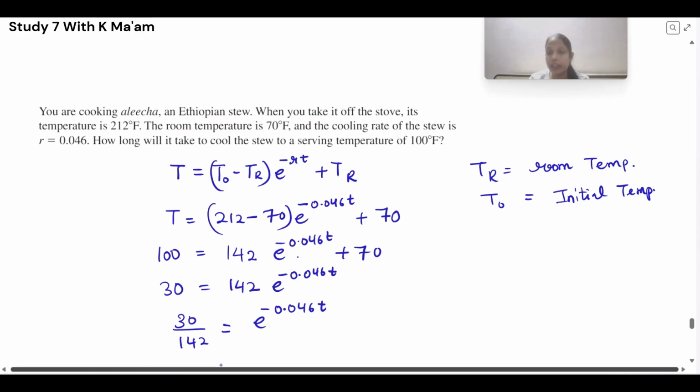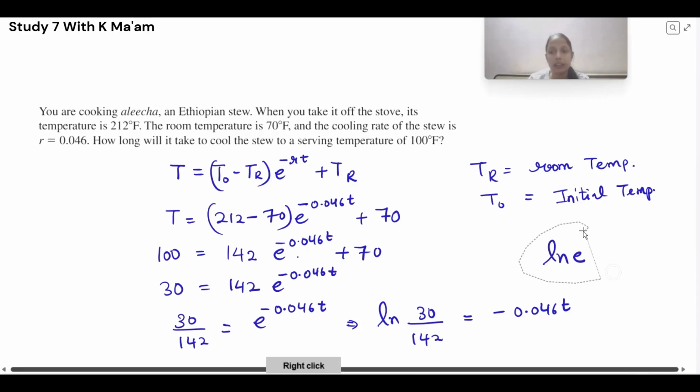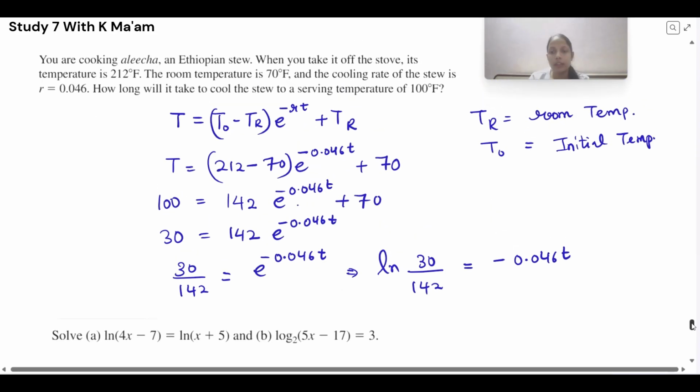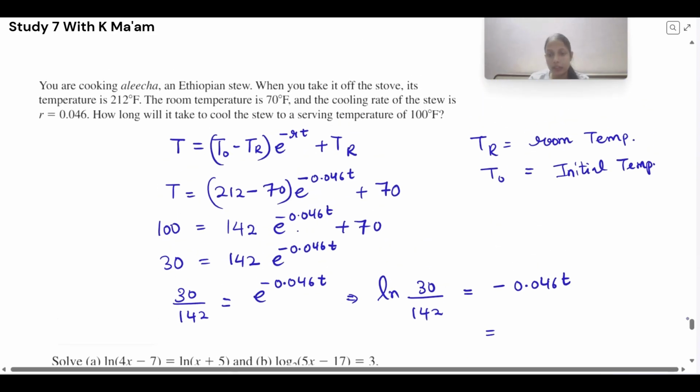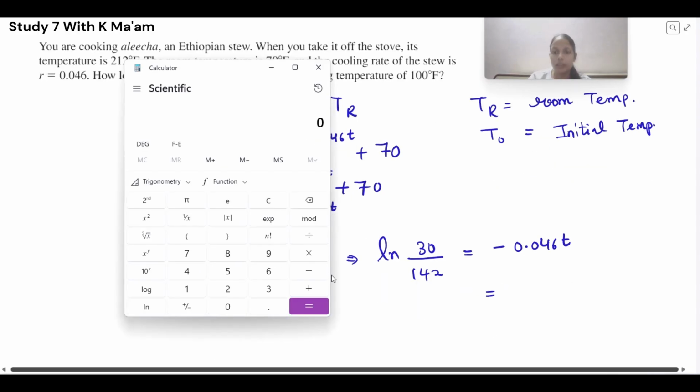I can convert this into logarithm by taking natural log on both sides. ln of 30 over 142 equals negative 0.046t, because I take natural log, so ln of e is 1. Okay. Then if I calculate ln of 30 over 142, let's calculate this. We have to take the natural log of 30 over 142.